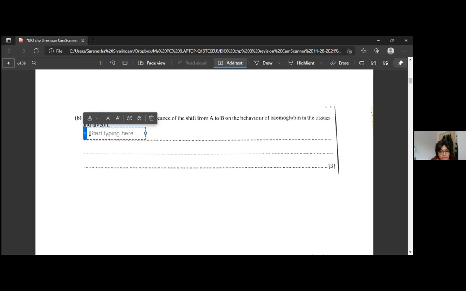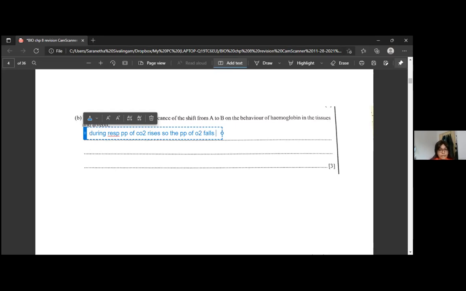So you can say that during respiration, the partial pressure of carbon dioxide rises. So the partial pressure of oxygen gas falls since it's being used in the tissues.